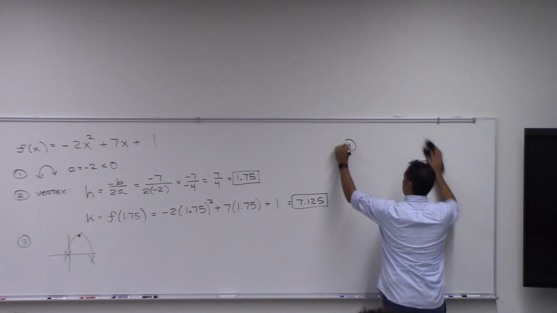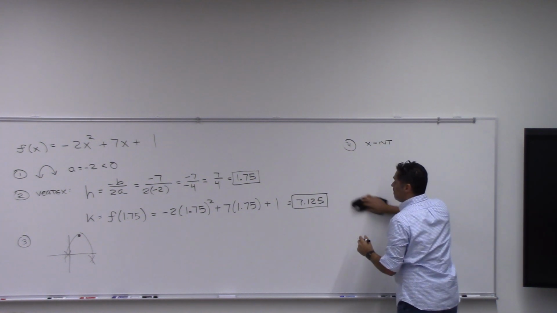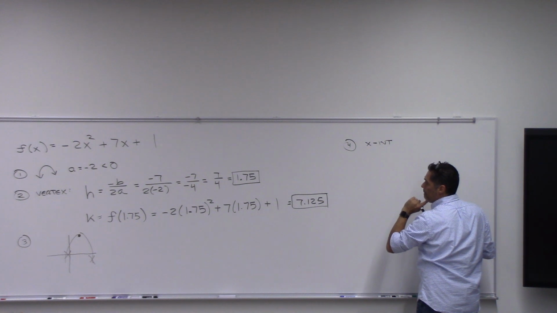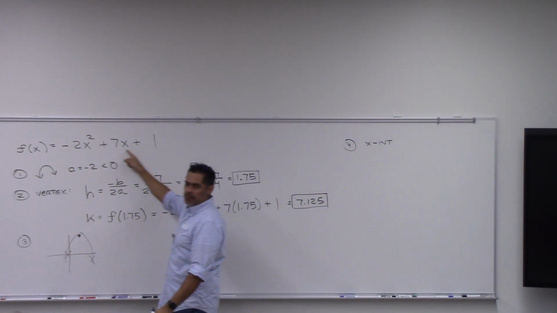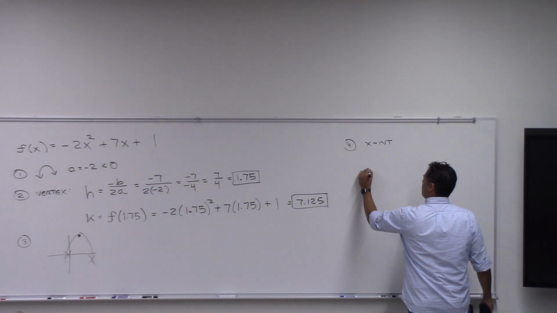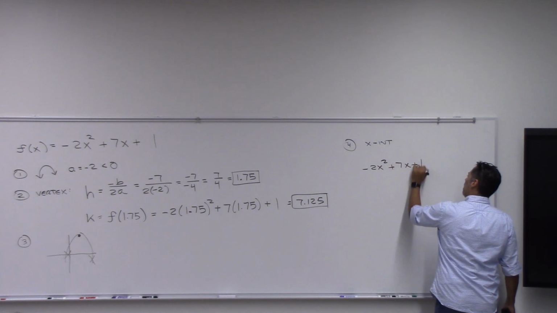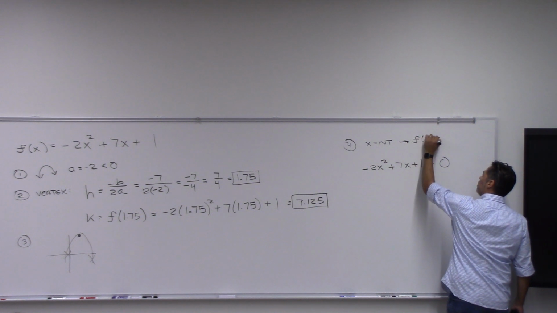So 4th step, x-intercepts. And to do this, I'm going to use the quadratic formula, because this isn't going to factor. There's no way that's factoring. So I'm going to set negative 2x squared plus 7x plus 1 equal to 0. That's what x-intercepts are. It's where the function is equal to 0.